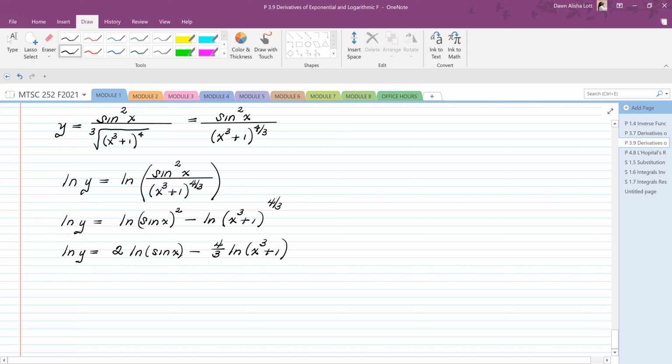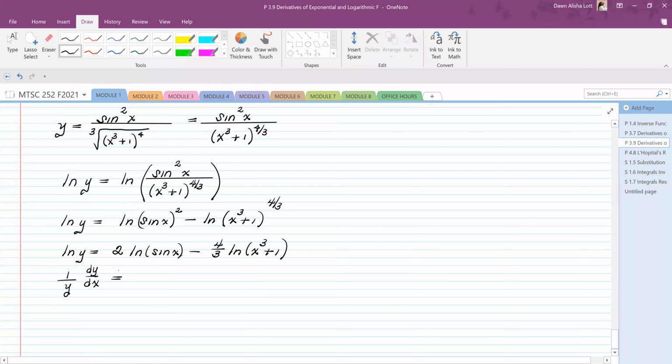Okay, so now let's plow through with the derivative. On the left-hand side, I'm taking the derivative of the log of y of x. Well, that says the y in the denominator and then multiply by dy dx. That's what the derivative says.